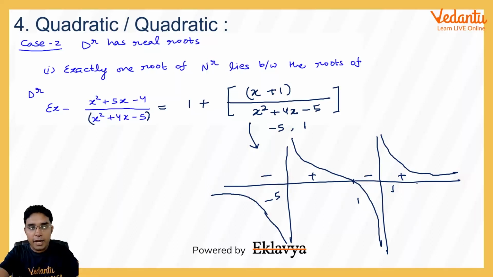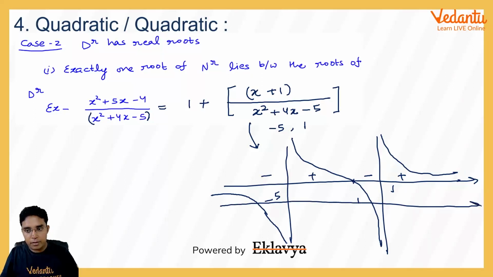Now, because you are adding 1 to it, that means we will bring the x-axis down by 1 unit, or the entire graph up by 1 unit. That means my new x-axis will be somewhere here. And you can check that whatever roots you have got for this quadratic, one will be lying here and one lying here. One of the roots lies between the two roots of the denominator, between minus 5 and 1, and one root is before minus 5.